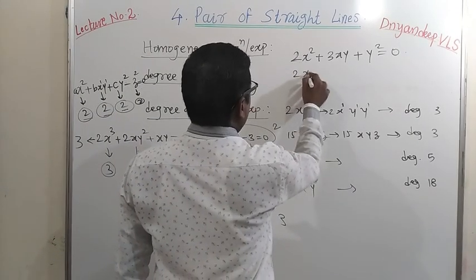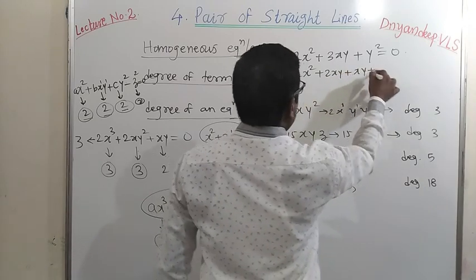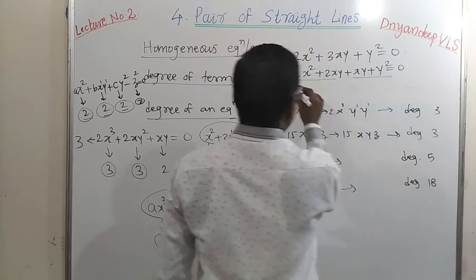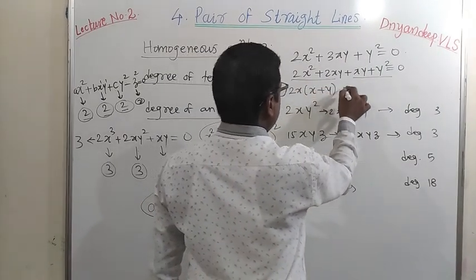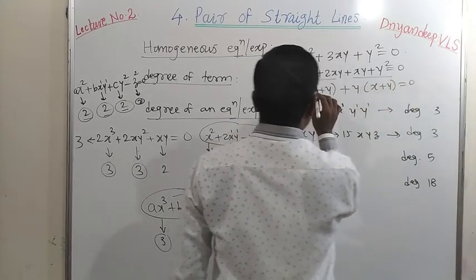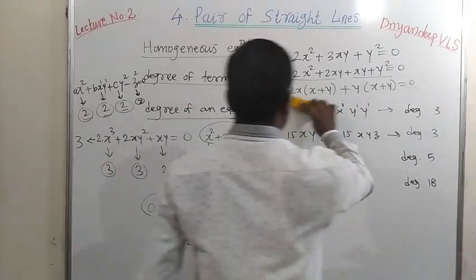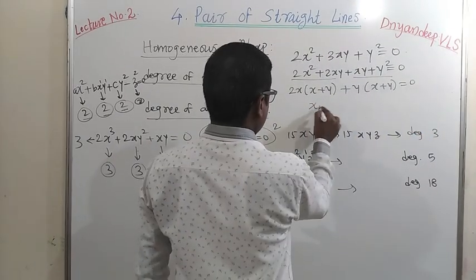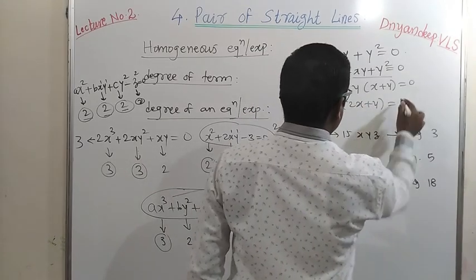This equation can be written as 2x square plus 2xy plus xy plus y square equal to 0. And from these two terms and from these two terms take common. So 2x in bracket x plus y, taking y common, we get again x plus y equal to 0. So this will give us the equation x plus y into 2x plus y equal to 0.